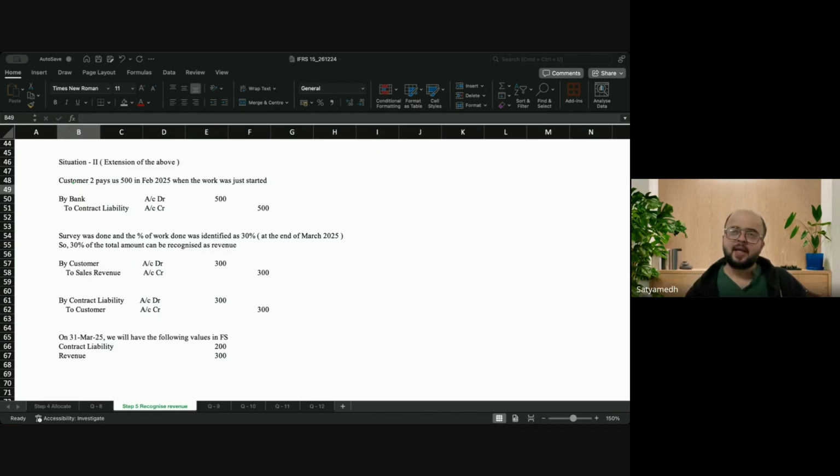Now, contract liability, advance received from customer, deferred income are more or less, I wouldn't say exactly the same, but they are 95% synonyms of each other, which means they mean one and the same thing. Now, all of these are fairly new terms that financial reporting has started incorporating in India.